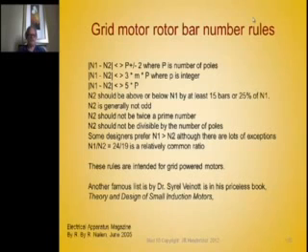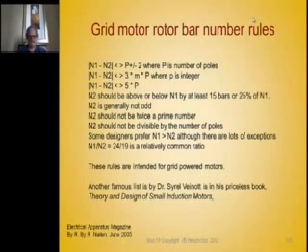So the induction motors that are grid powered have their own set of rules. I list them here. I don't think they have a lot to do with inverter driven motors, but there's another list of rules given by Dr. Cyril Veinott in his priceless book, The Theory and Design of Small Induction Motors. It's a very famous set of rules.